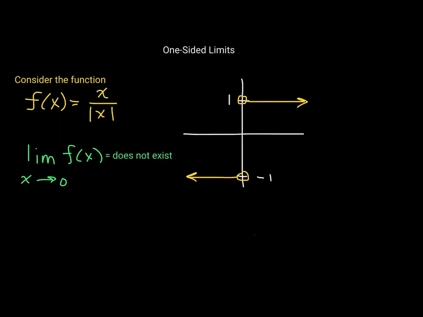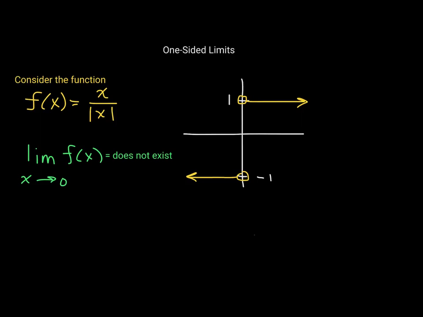That is to say, the only way a limit exists is if it's the same number from both sides, in this case, of 0, as x gets closer to 0. As x gets closer to 0 from the right, your function values are approaching 1, but as x approaches 0 from the left, your function values are approaching -1.